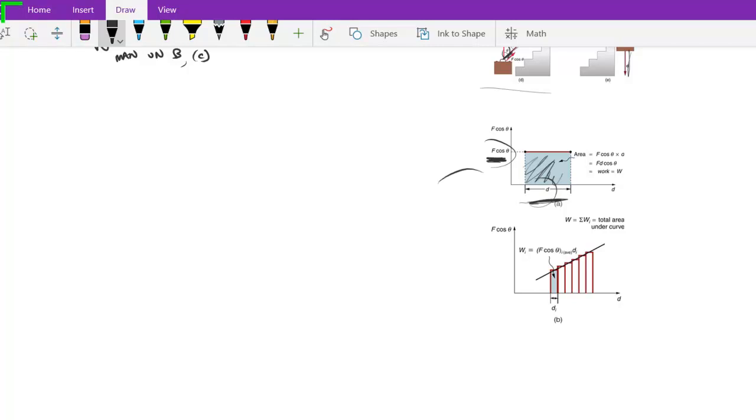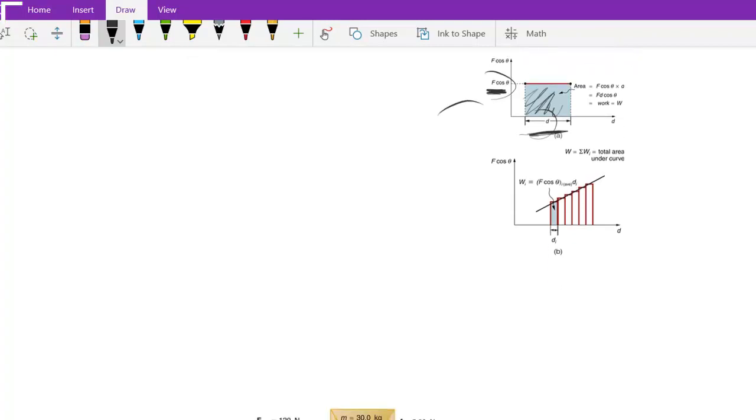If this was a calculus-based physics course, we would see that this is the area under the curve, so it would be the integral of the force over the distance. Same thing with this one here. We would have this area under the curve, plotting F cosine theta and the distance here. This area would be the entire work done.